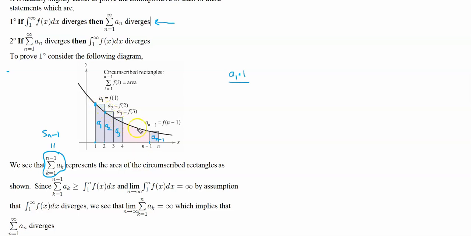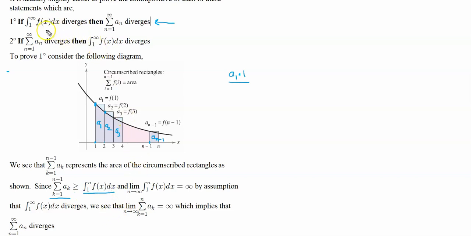Now from this picture, you see that the area of all of these rectangles added together is greater than the area underneath the graph of the function from 1 to n. So it's bigger than or equal to the integral from 1 to n of f of x dx.